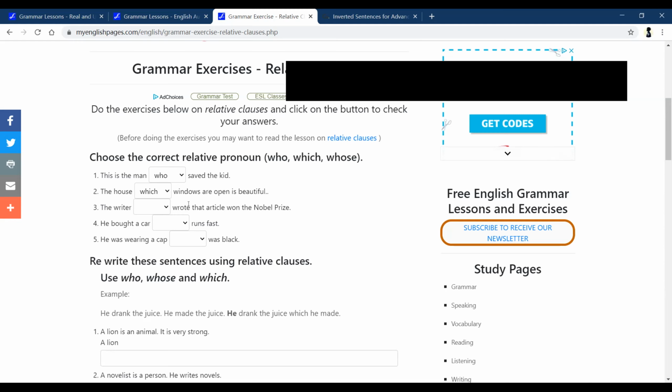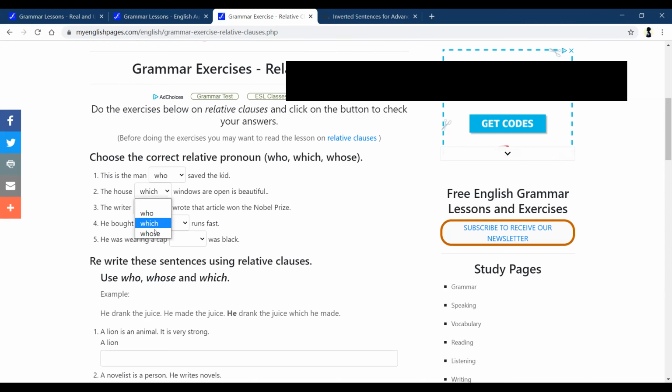In this situation, we can split it into two sentences: the cat is playing the ball, and the cat is naughty. But here you can say the house is beautiful, but you cannot say the house windows are open, because that misses something obviously.